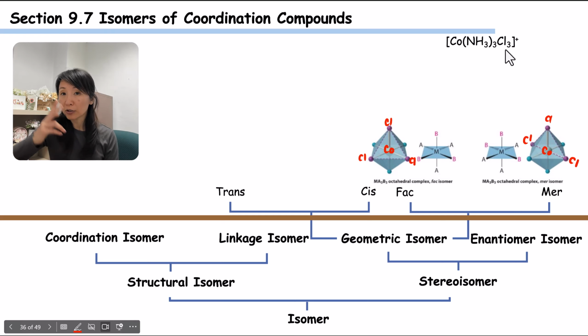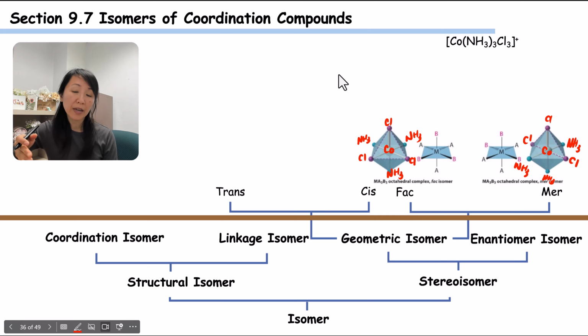Notice it's 3, not 2, because if it had only 2 chlorines, then we'd be dealing with cis and trans, but we're not. And this one has ammonia on every other corner. So you can look at both ammonia and chlorine, since there are 3 and 3, to determine FAC and MER. You really only need to look at one of the 3 of the same ligand.